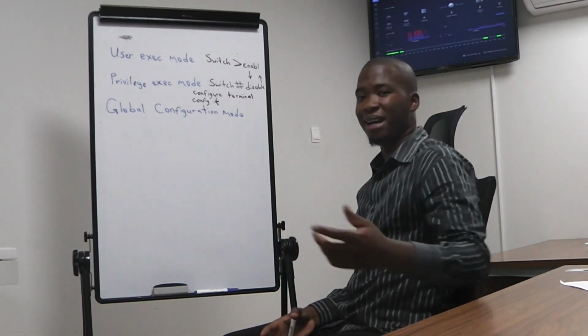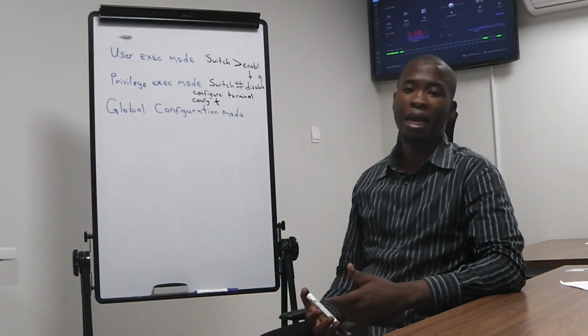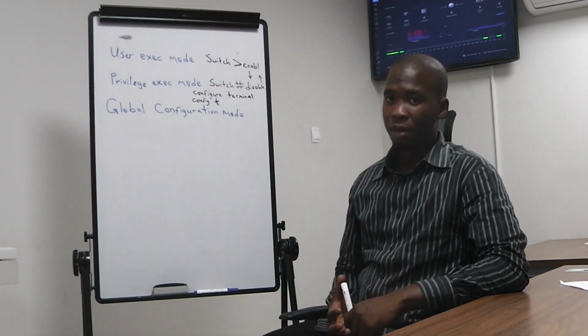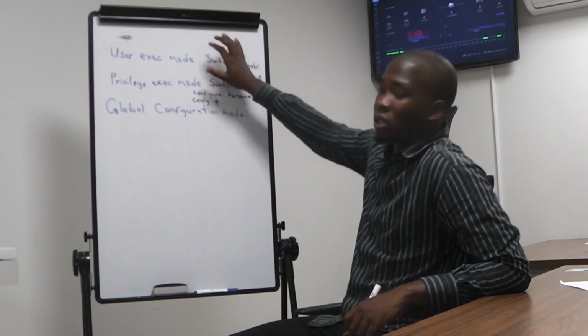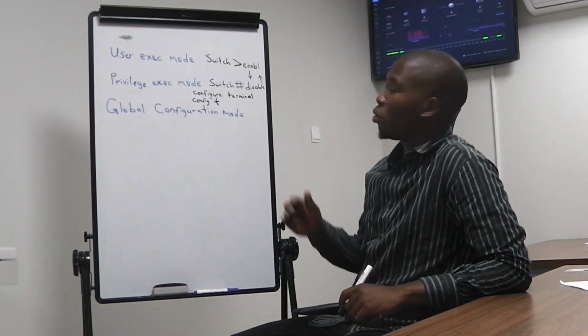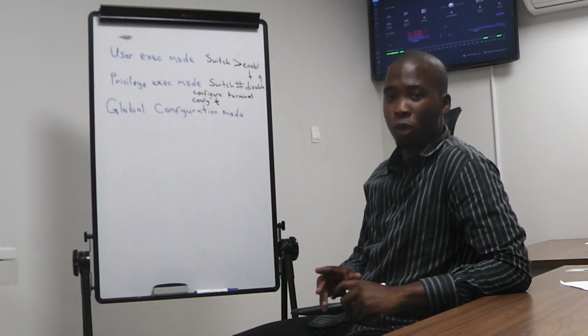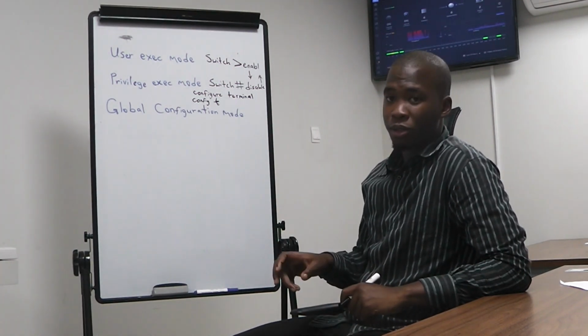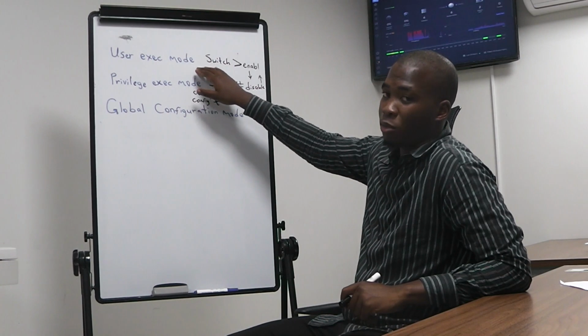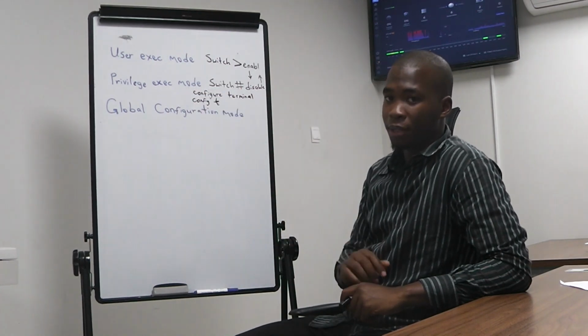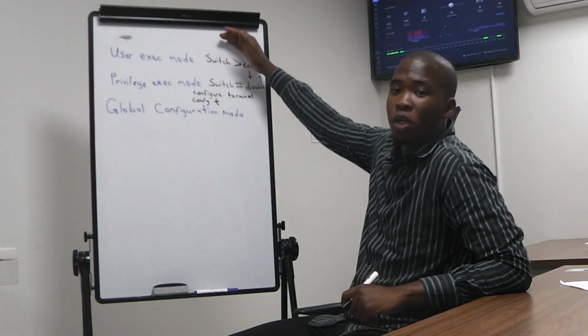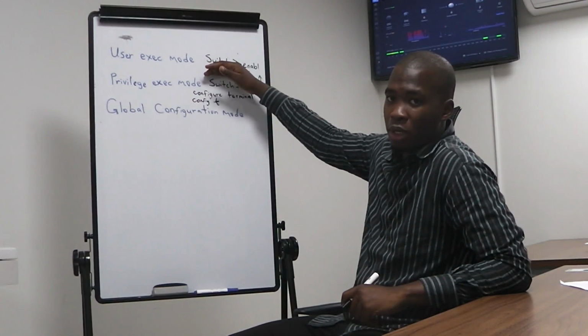Now on the Cisco devices, we also have a help and correction feature. On any mode that you are on, if you want to know the commands that you have on that mode, you just type a question mark. For example, if I was on the user exec mode, once I type a question mark, it will show me all the commands I have at the user exec mode.